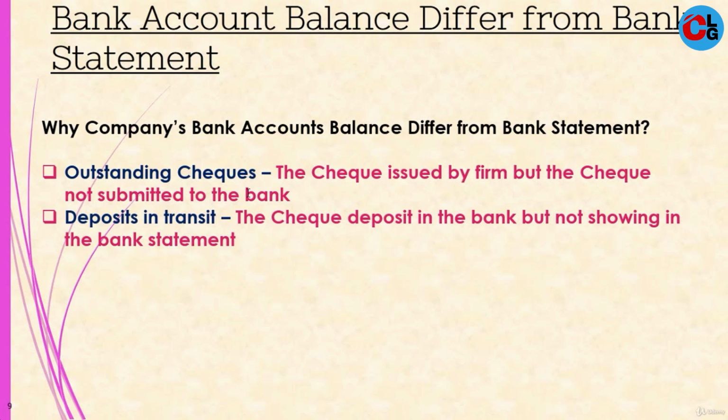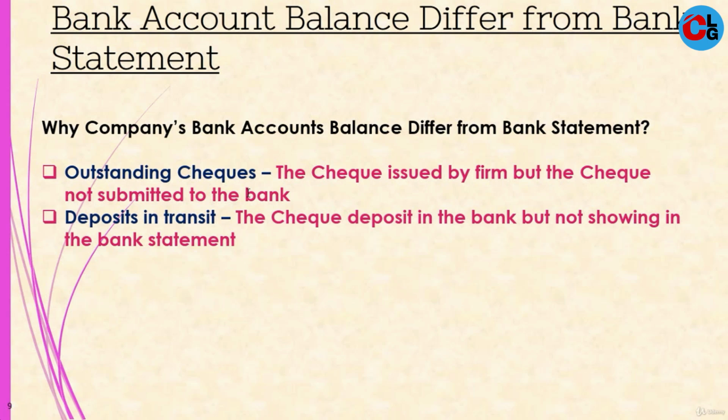But if the money is not collected by the bank, or there is any issue at the time, the bank statement does not show this check amount. It means we deposited the check but the amount is not collected. So that is called deposit in transit. This is why the company's bank account balance differs from the bank statement.